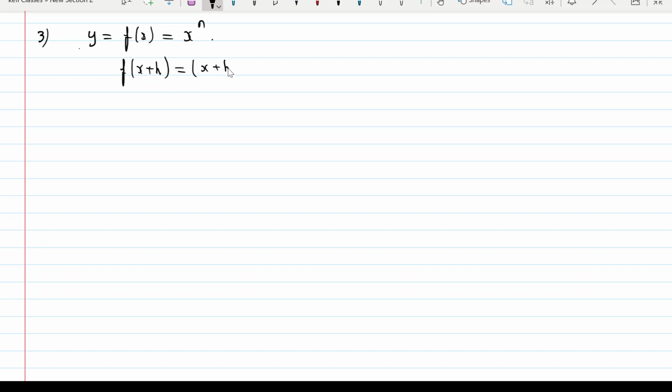So the next one, let's find the derivative of x raised to n. Y is equal to f of x is equal to x raised to n. So f of x plus h is going to be x plus h raised to n.